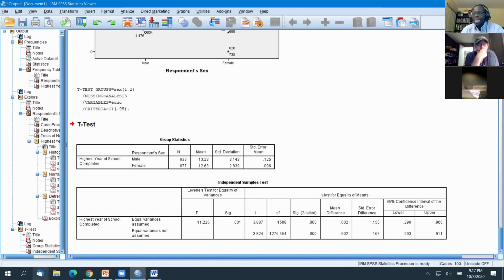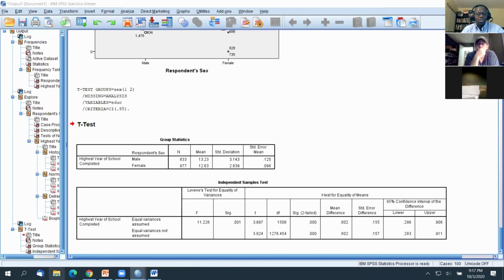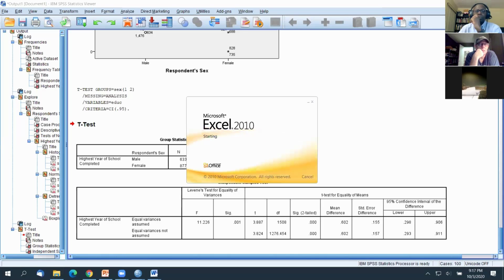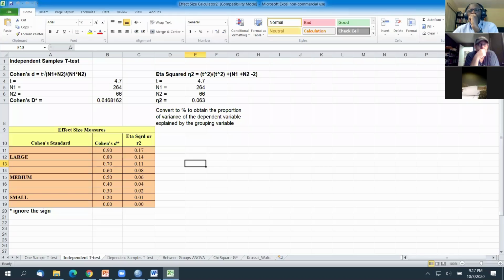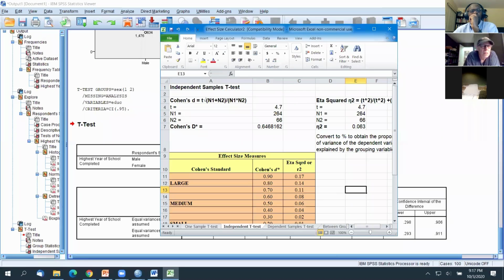Now, in the folder that you're going to get, or that you should have gotten, but I'm going to make sure you get, there is an effect size calculator. Okay? There is an effect size calculator. All right?